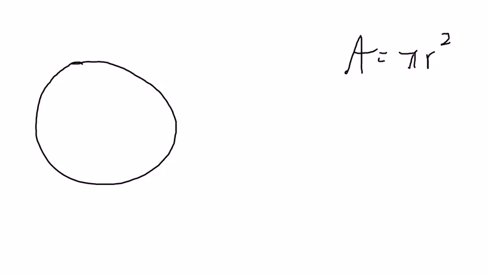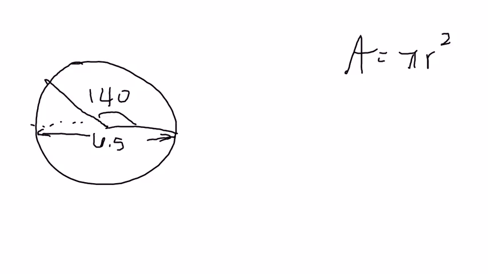Number 5, we have find the area of a sector. So again, we have to use our area formula as pi r squared, but we're dealing with a sector here. That means an area of a circle, like a section, like a slice of a pie, so to speak. And we have a central angle of 140 here, and we have the diameter from there to there is going to be 6.5 centimeters.